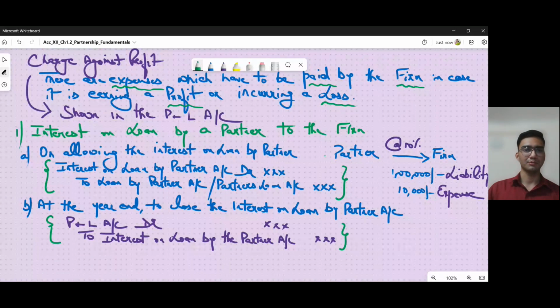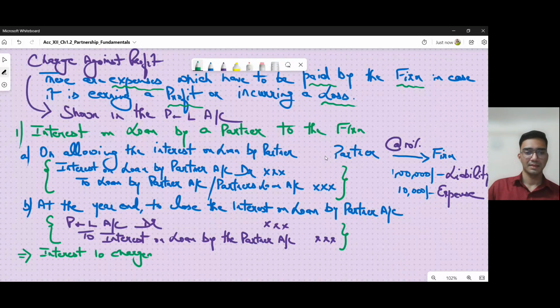Now, two points which I want you to keep in mind about this. The first, this interest is charged at the rate of 6% per annum if not mentioned.